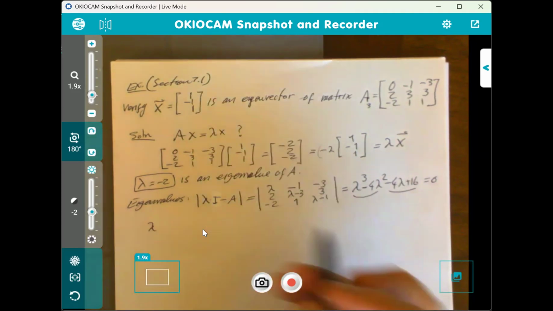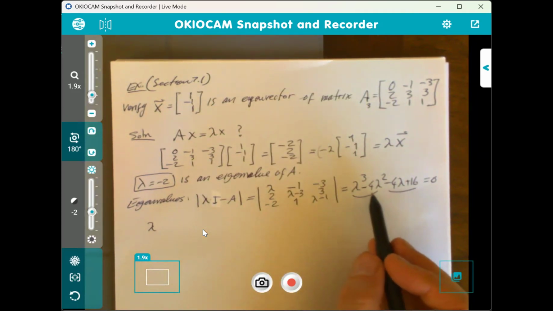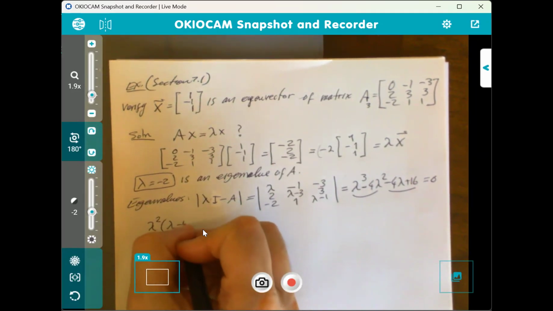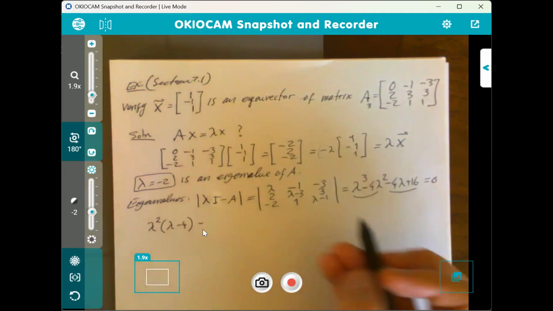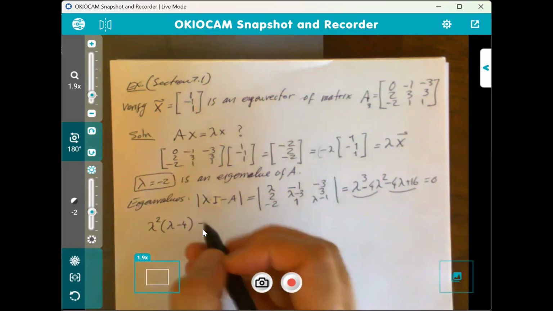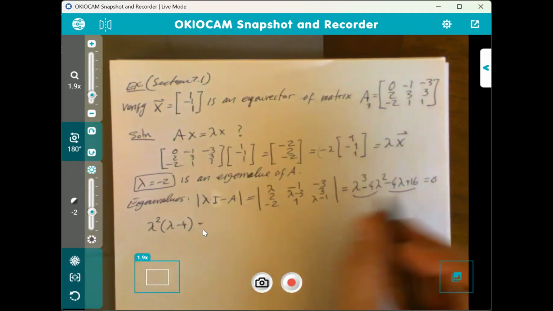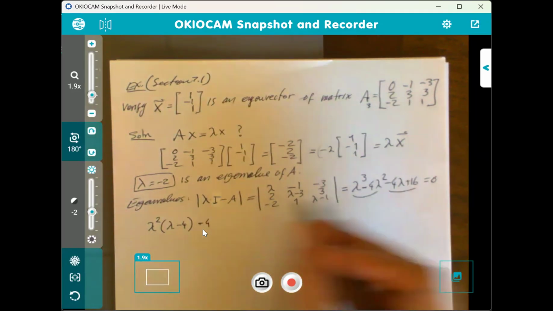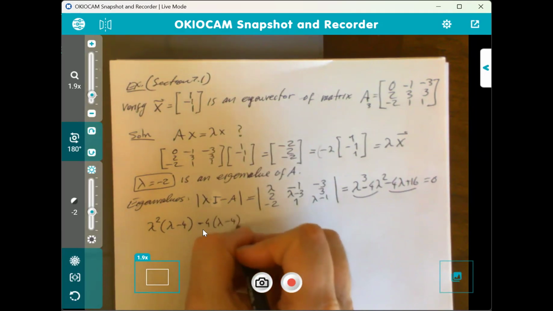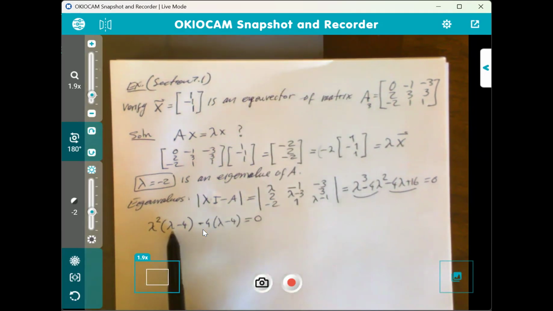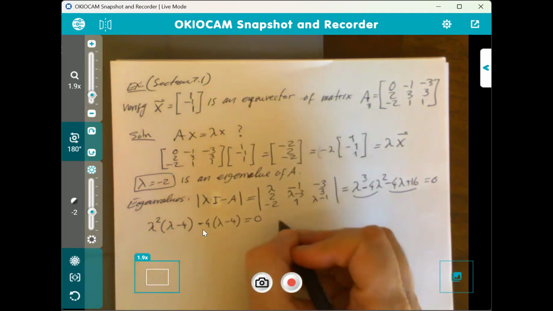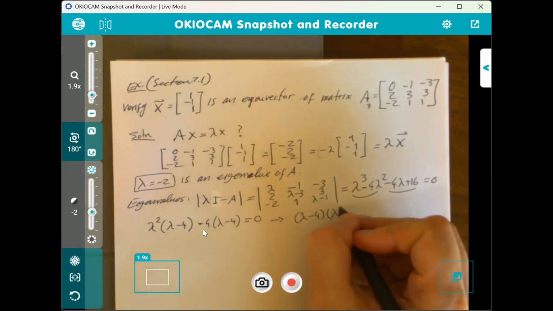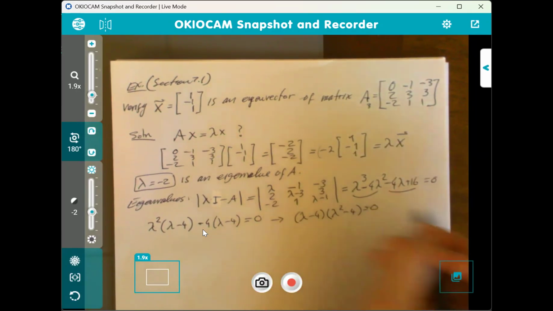From the first group, the GCF is lambda squared, so I factored out lambda squared. From the second group, I factored out -4 from both of these numbers. That gives me lambda minus 4. I recognize the common binomial, and therefore the factored form is lambda minus 4 times lambda squared minus 4 equals 0.